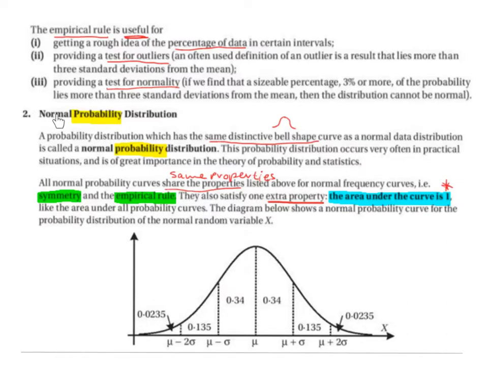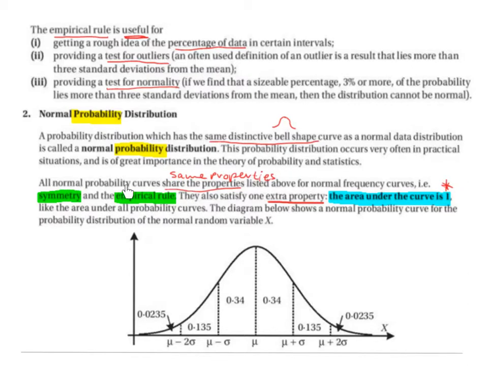Part 2. Normal probability distribution. A probability distribution, which has the same distinctive bell-shaped curve as a normal data distribution, is called a normal probability distribution. This probability distribution occurs very often in practical situations and is of great importance in the theory of probability and statistics.